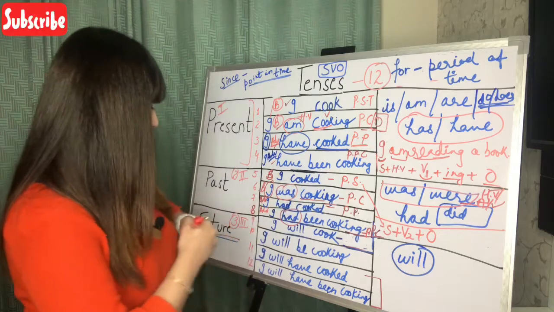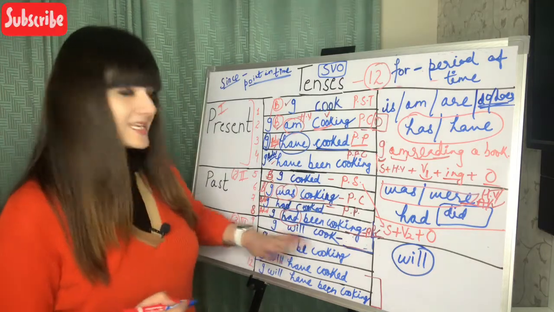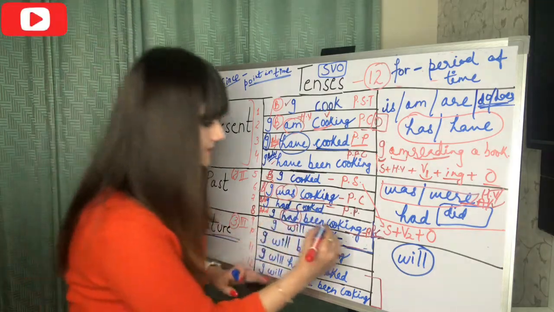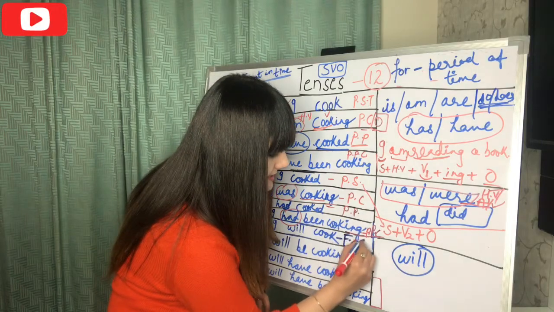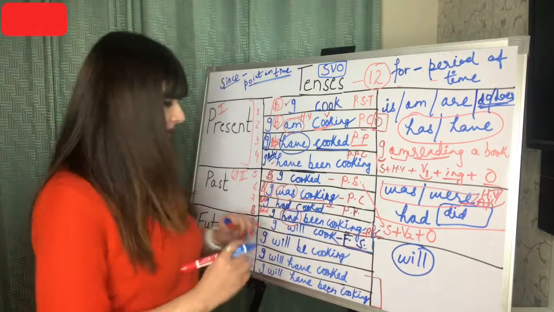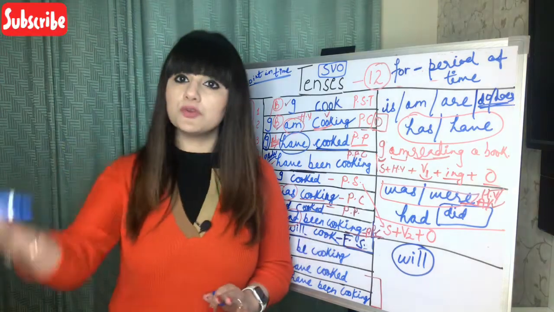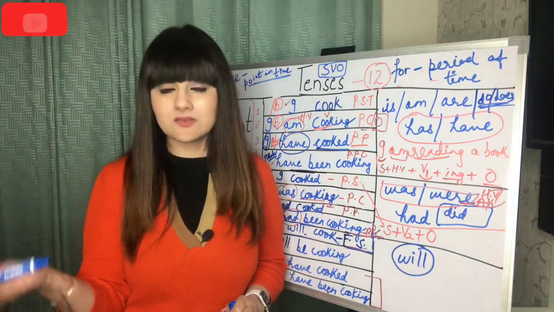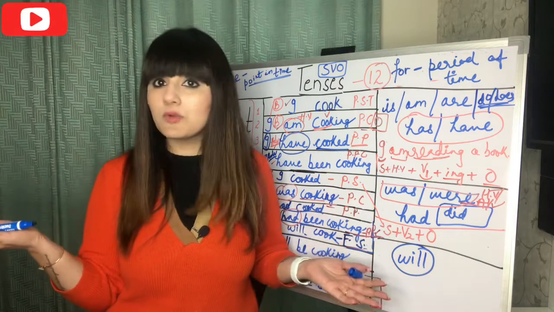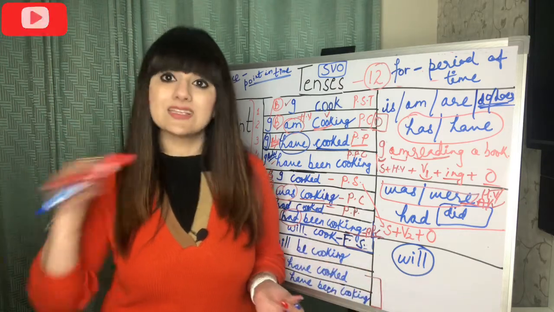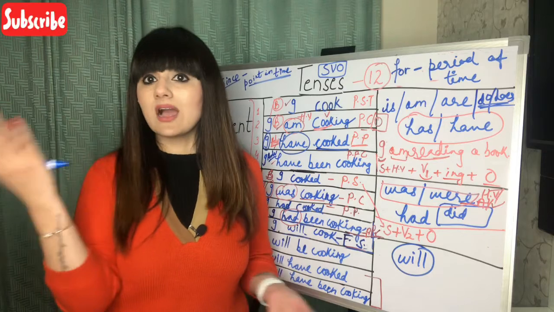Now, we are talking about the future tense. First is the future simple tense. Simple: I will cook. If I'm talking about the future, it means unplanned things. I will cook. I don't know when I'm going to cook, so the time is not decided. That's unplanned. Or, I'll call you later.